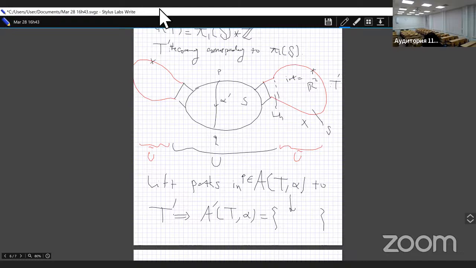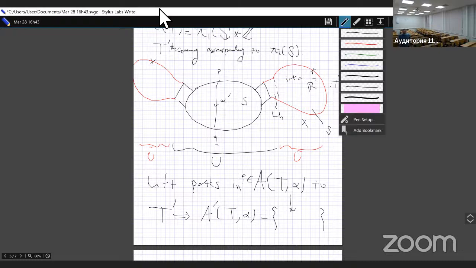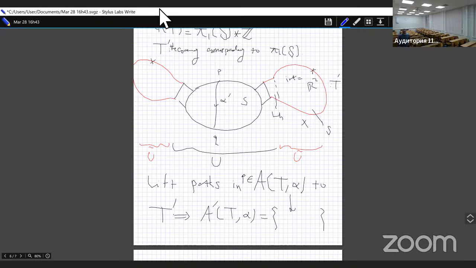And the other thing we need is this, let me work with another color. U tilde minus the boundary of T is this. Again, is it clear? What is U tilde? I mean, the whole red part.